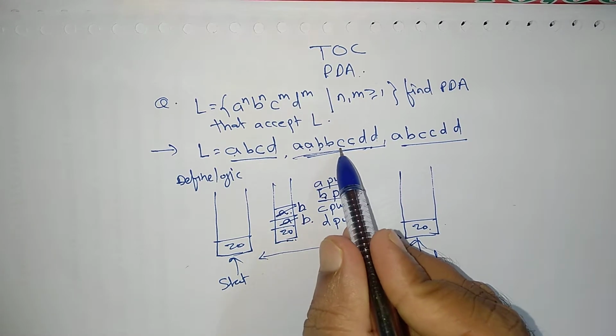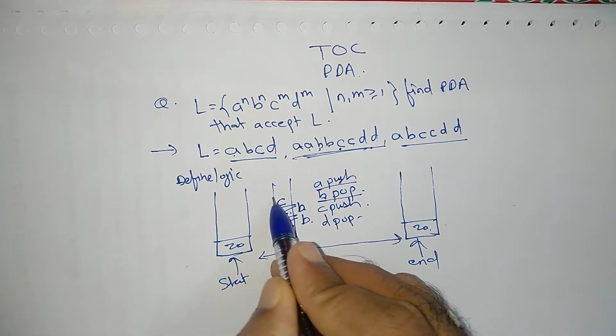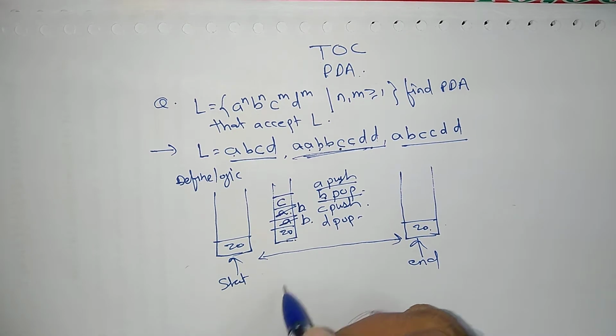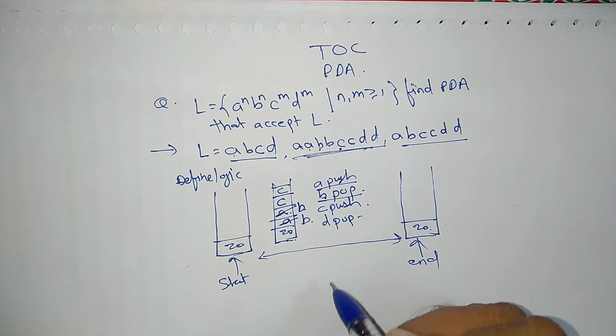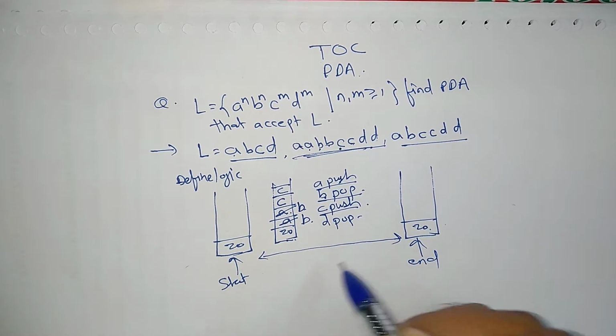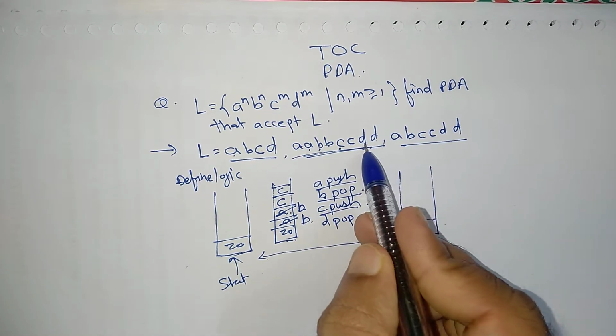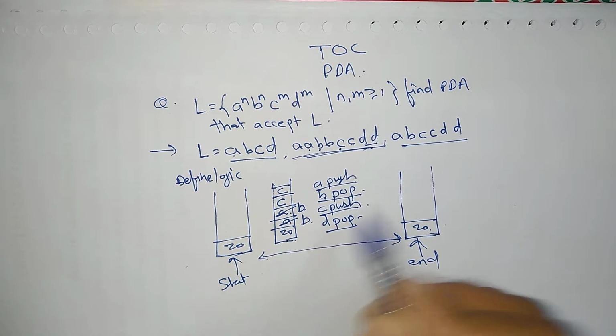So what is coming? C. I am going to push the C. Then the next C, I am going to push the next C. So the C part ends. Now for D, what have I written? D is for pop.